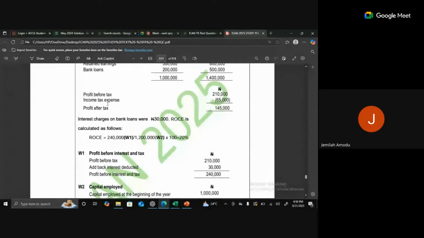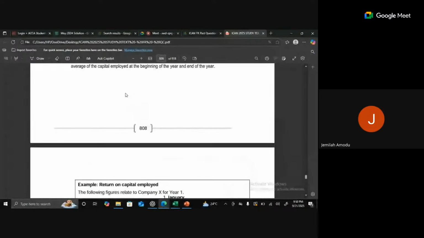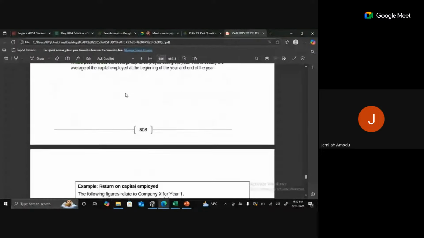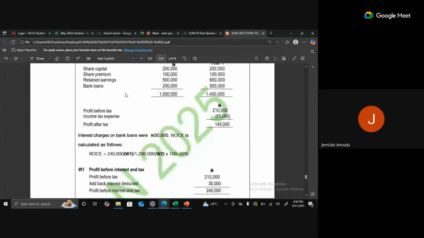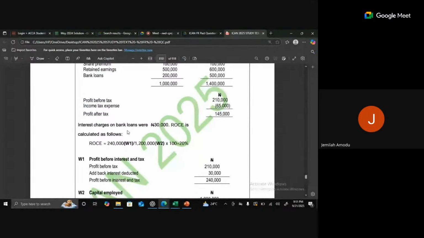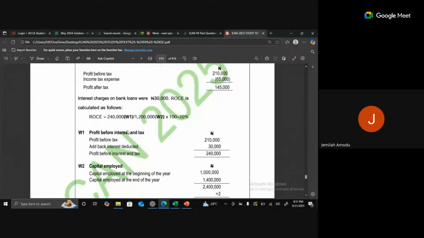So these are profit before tax, income tax and profit after tax. Remember, based on the formula, we're making use of profits before interest and tax, right? Whenever you are given only profit after tax and you have your tax, you simply add back, depending on what you're given. Basically this is what we need, plus the interest charge on bank loan. So they gave us this as well.